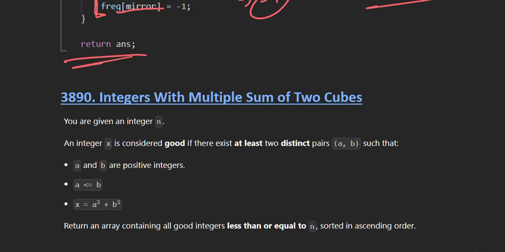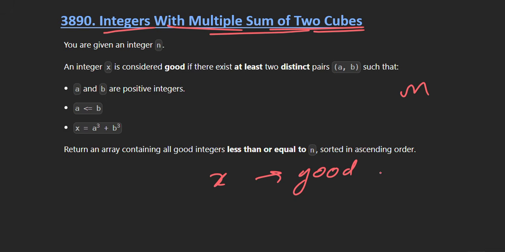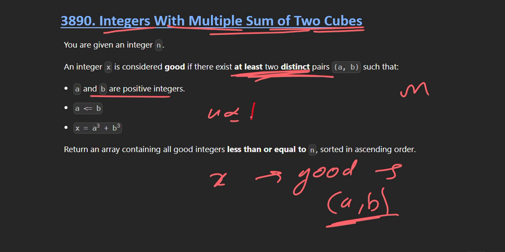So let's move to question number 2. Question number 2 is LeetCode 3890, that is Integers with Multiple Sum of 2 Cubes. Basically in this question we are given an integer n, and an integer x is considered to be good if there are at least two distinct pairs of numbers a and b such that both are positive, a is less than or equal to b, and a cube plus b cube is equal to x.